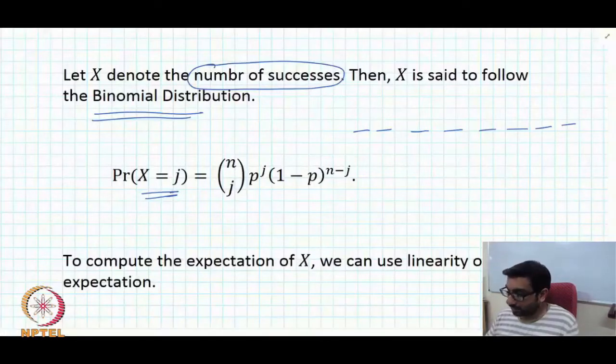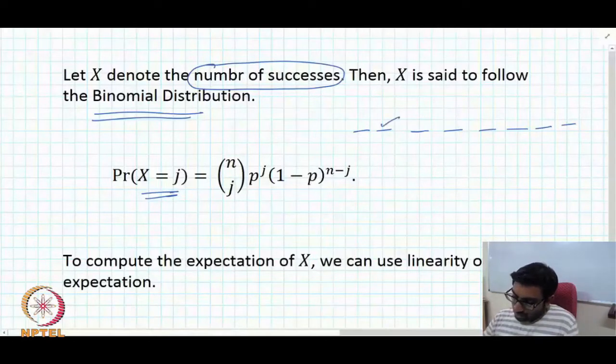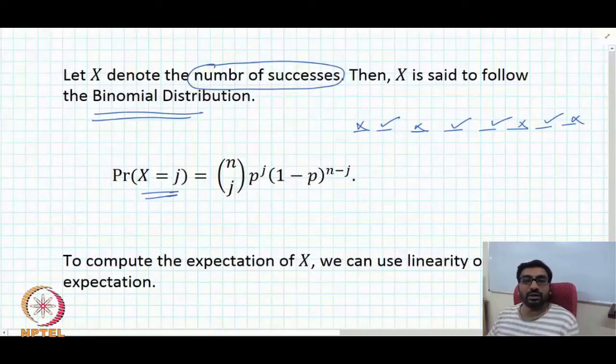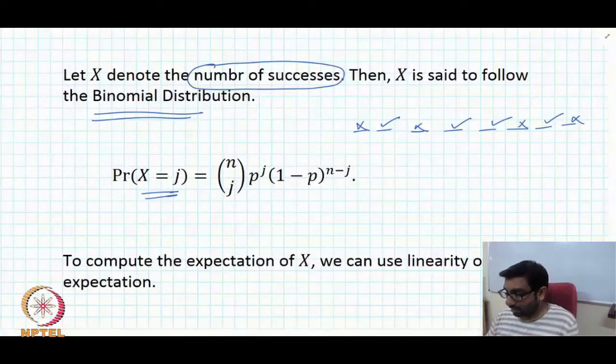The rest have all been failures. But there's nothing to say that these are the particular J trials that should be a success. Out of these n trials, some J trials have been successes.